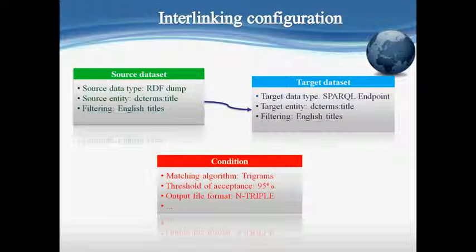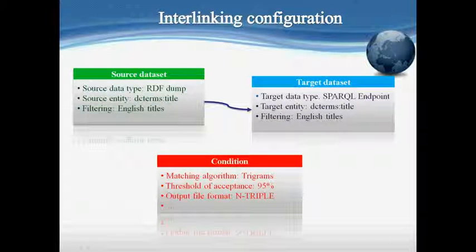The general configuration that you may specify in the interlinking tool is as follows. You have a source dataset and target datasets. In the source dataset, you should specify the URL of the RDF dumps or SPARQL endpoint so that the interlinking tool can query using this URL. And you should specify the title or the entity that you want to link with the target datasets and some filterings.